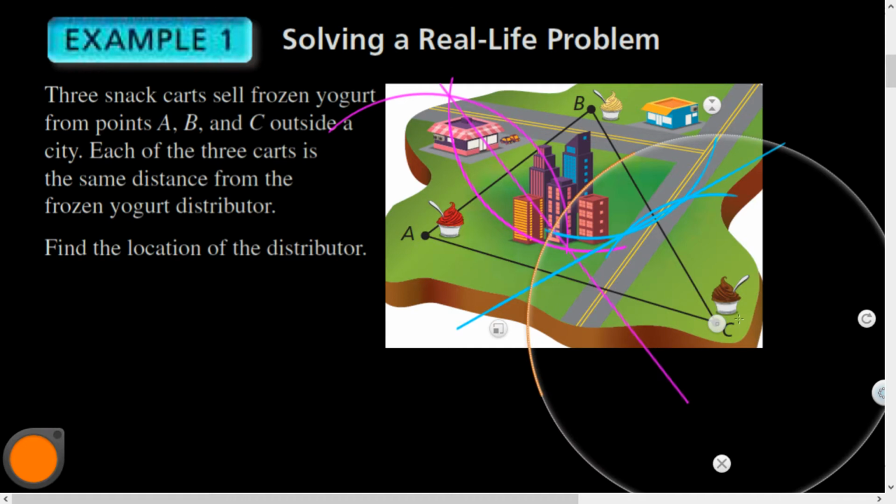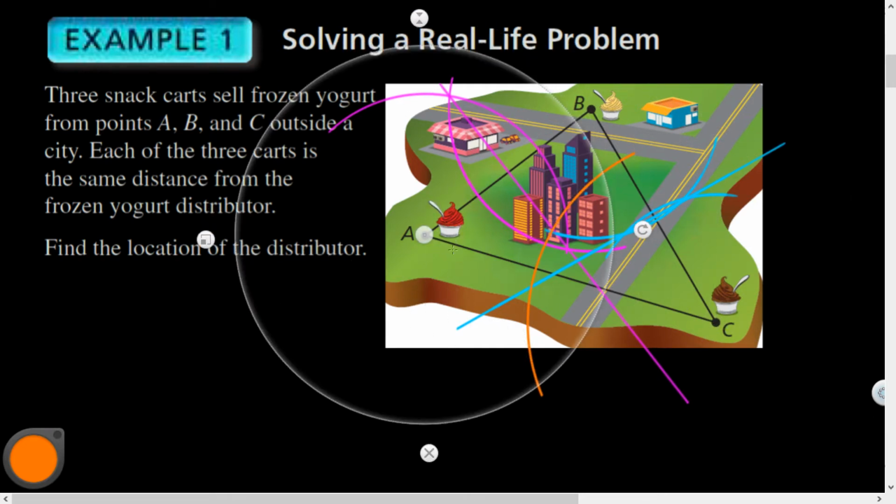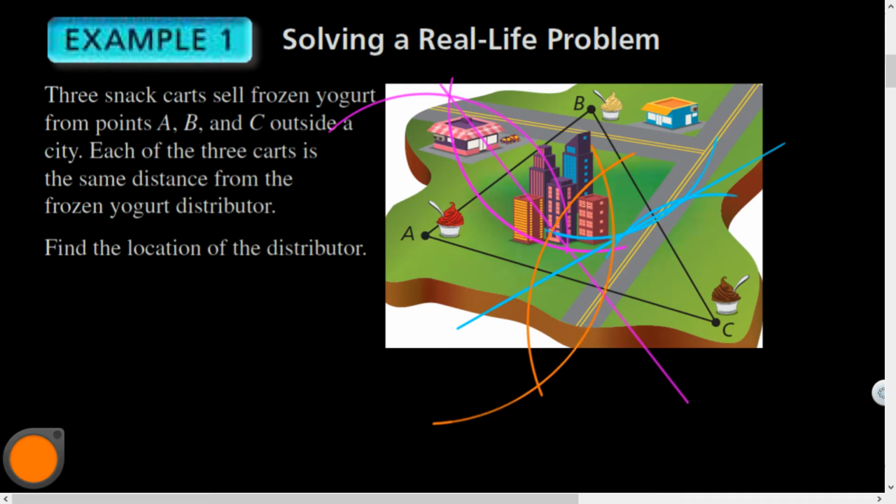These are arbitrary radii, as long as they're longer than the midpoint of the segment AC here. Let's see, it looks like it's going to intersect here. Oh boy, let's see if I get some concurrency. That's amazing, guys. It's amazing.